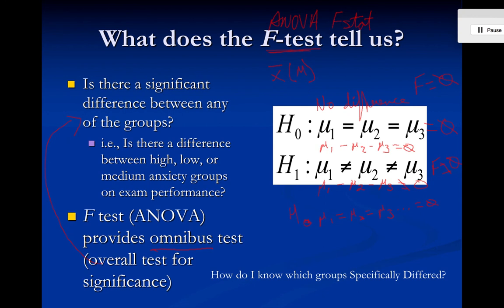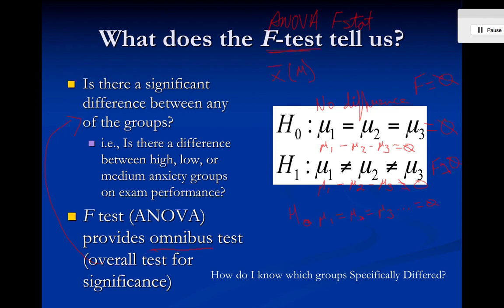So again, the key is that the overall ANOVA test is ultimately telling you whether the groups differ or do not differ. It's not discriminating which groups specifically differ from each other or which don't. All it's doing is saying, yes, the groups differ, or no, the groups don't differ.